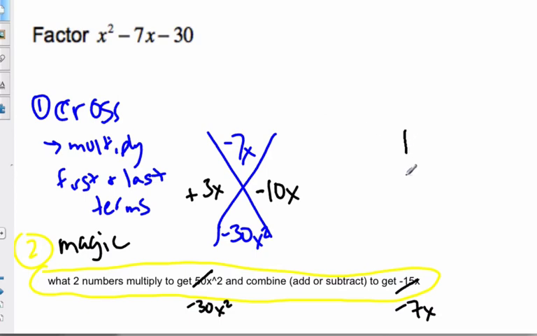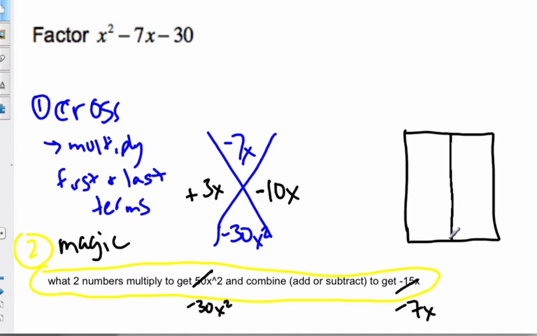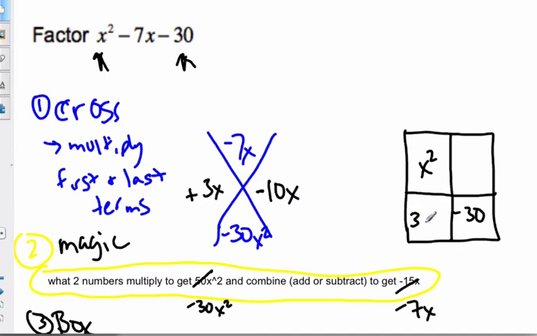And then I go to my box. I make my area. From my area, the next thing is I make the box. In my box, I'm going to put x squared and negative 30. These are the first two terms. And then I just put these parts, 3x and a negative 10x.